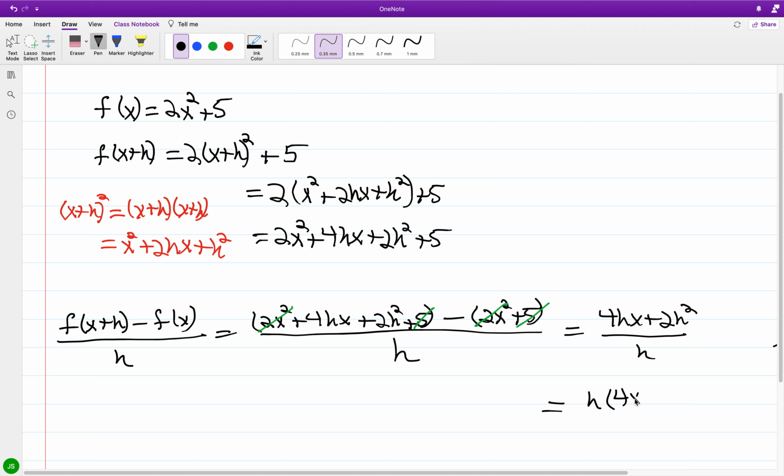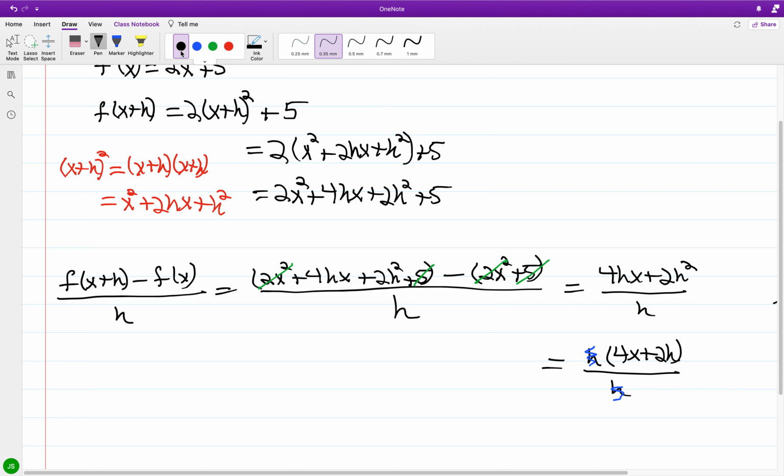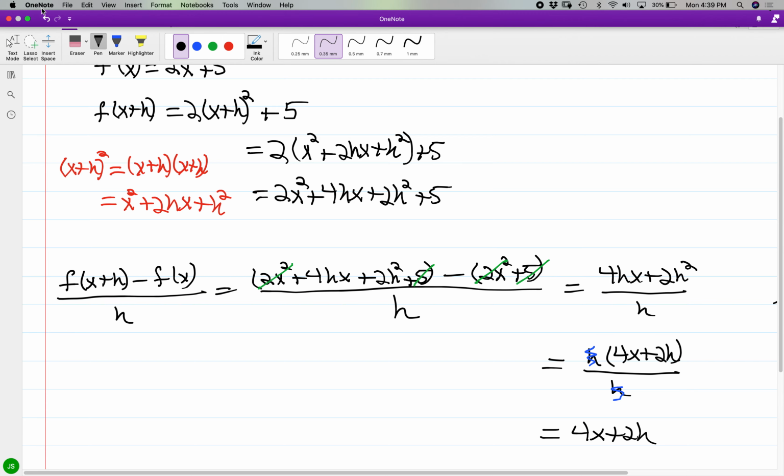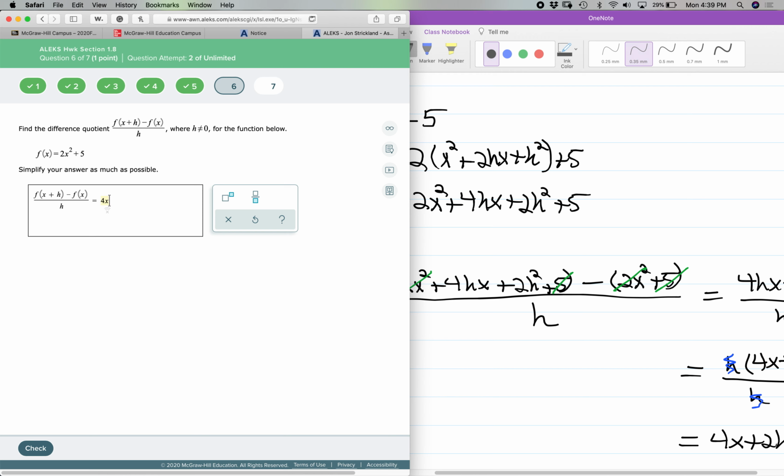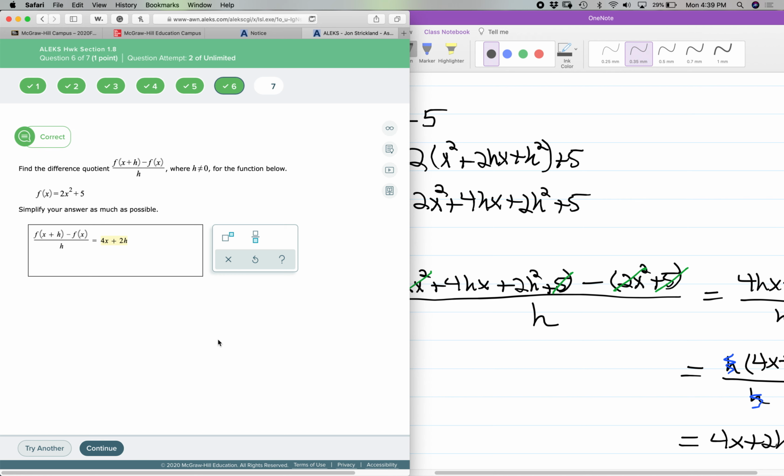So you have h times the quantity of 4x plus 2h all over h. And so we're going to have a set of h's to cancel. So we have in the final result 4x plus 2h. And so in going back and checking, the result is correct.